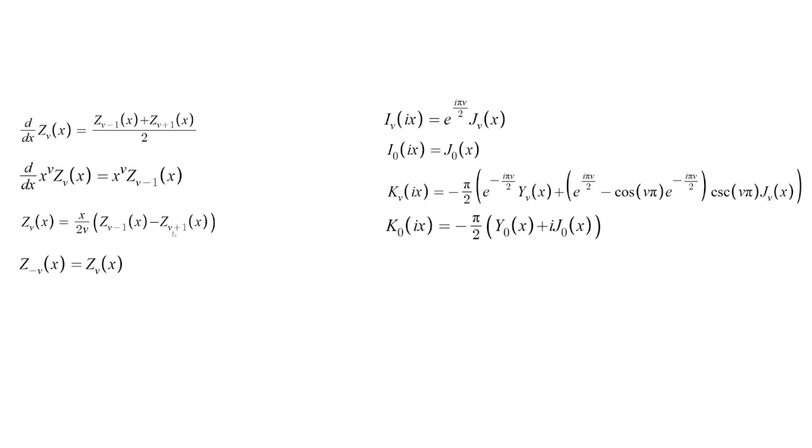And the recurrence relationship, except right here, it's going to be a minus sign instead of a plus sign. And for any negative order, it's just going to be the positive order. So it's an even function of the order.